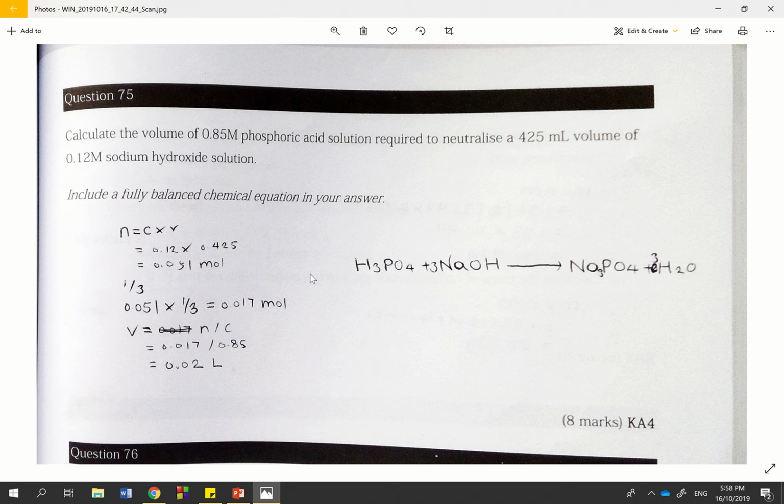This basically means their ratio, of how many there are comparing to this and that. So comparing to H3PO4, there are 3 NaOH for each of these. Pretty simple. And their stoichiometry is 1 to 3, since H3PO4 is 1 comparing to 3 NaOH.